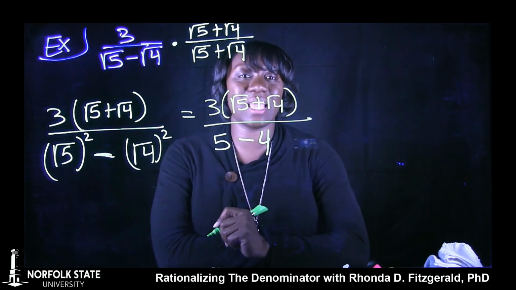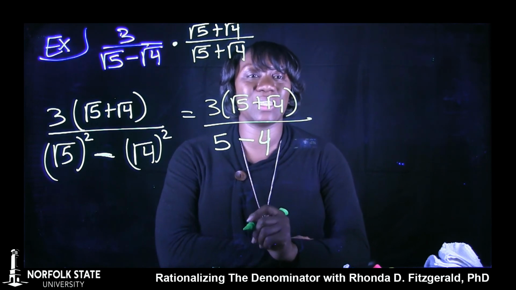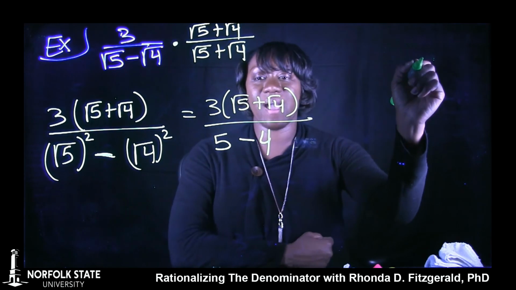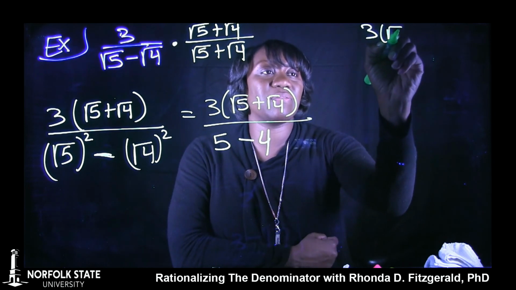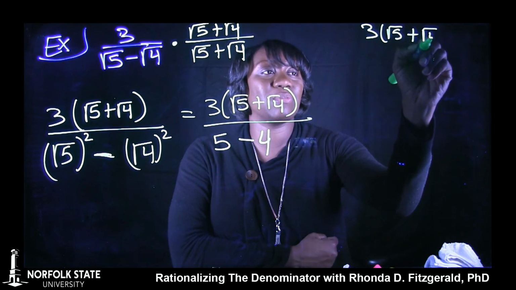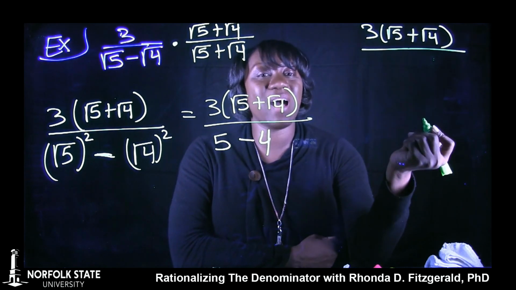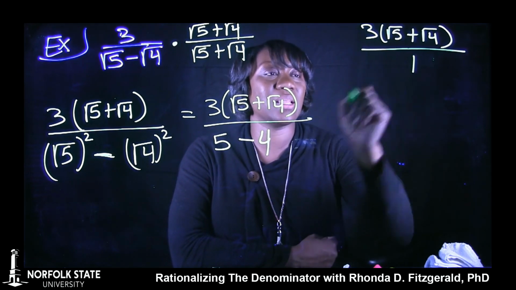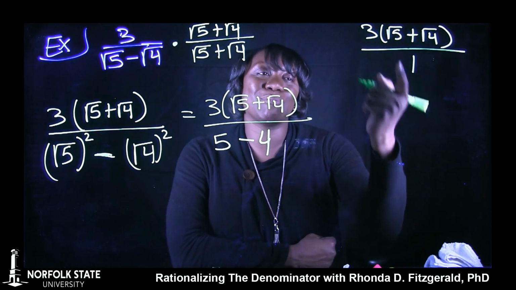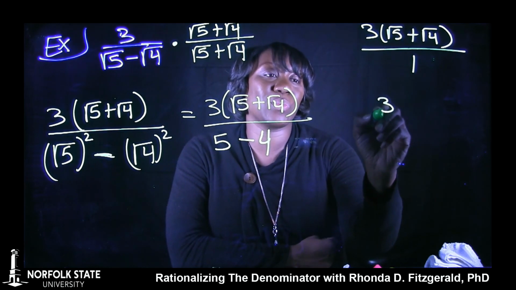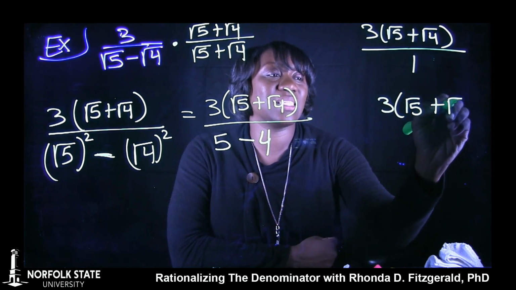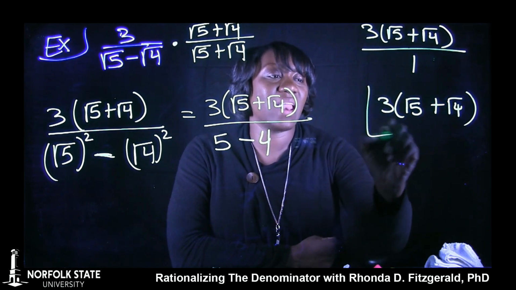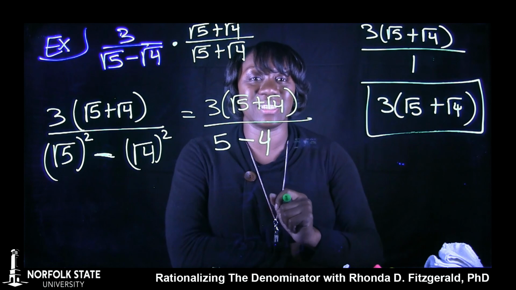So we have 3 times the square root of 5 plus the square root of 4 all over 5 minus 4, which is simply 1. So my final answer reduces simply to 3 times the square root of 5 plus the square root of 4. And that is the final answer for this example.